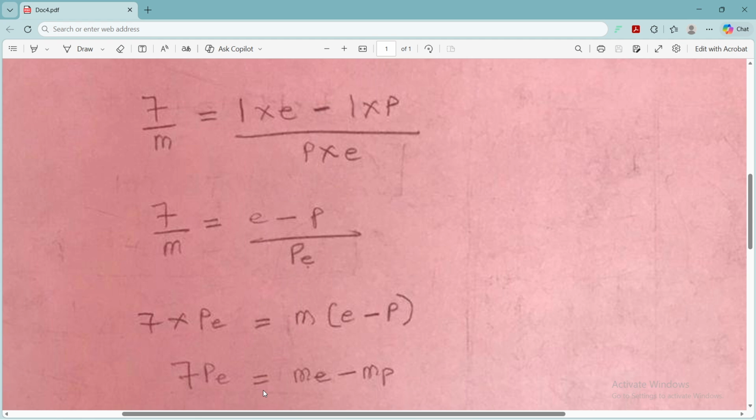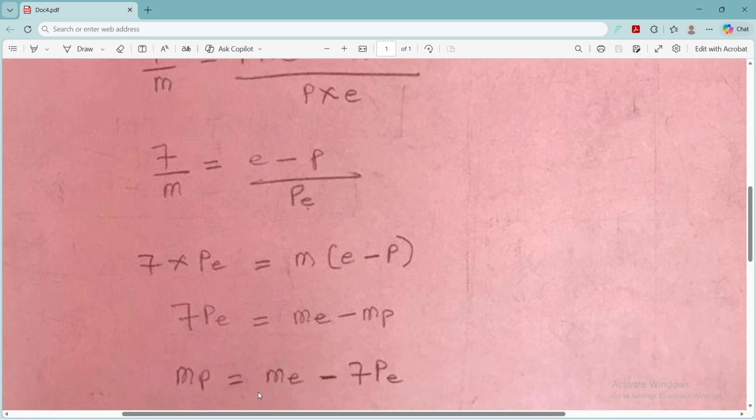Because whenever a number crosses an equal to sign, it changes its form, right? So supposing MP was a positive number and it crossed the equal to sign, it would have metamorphosed into a negative number. But here, MP is a minus MP, so when it crosses the equal to sign, it would metamorphose into a positive MP.